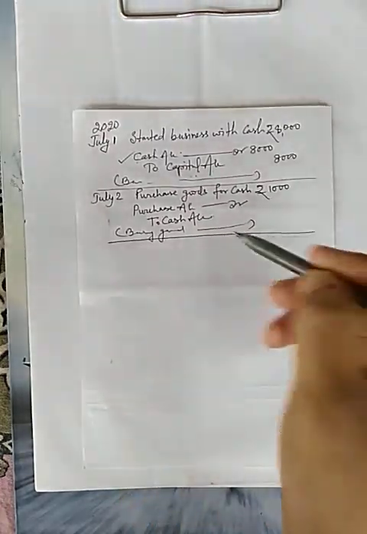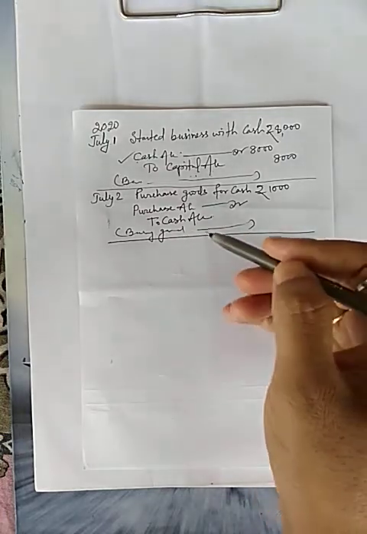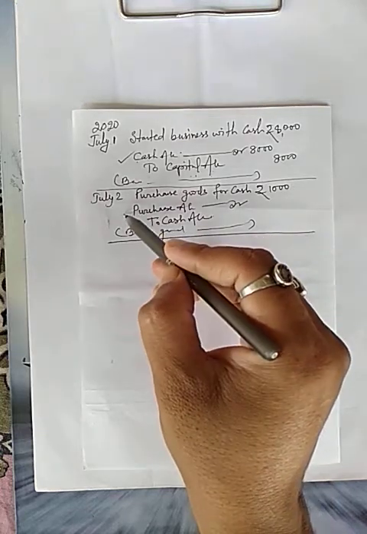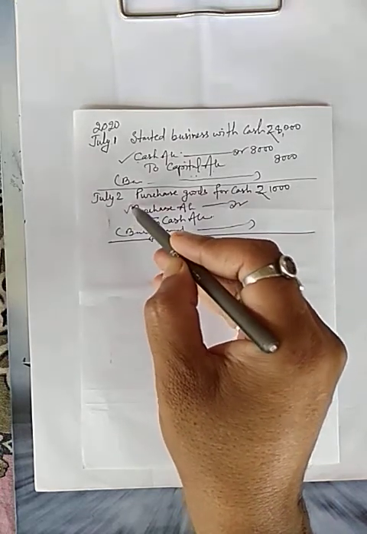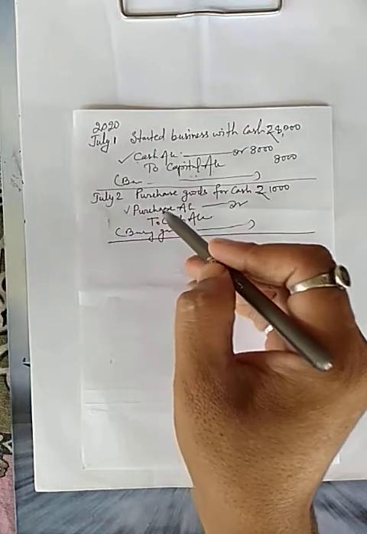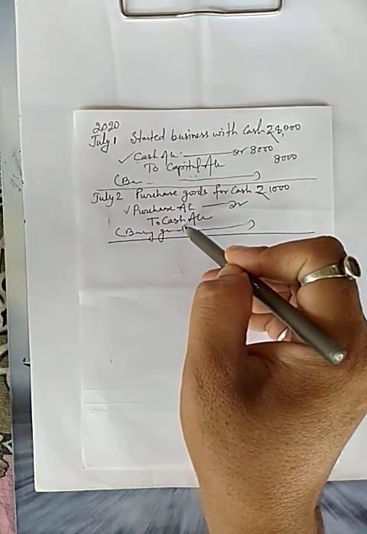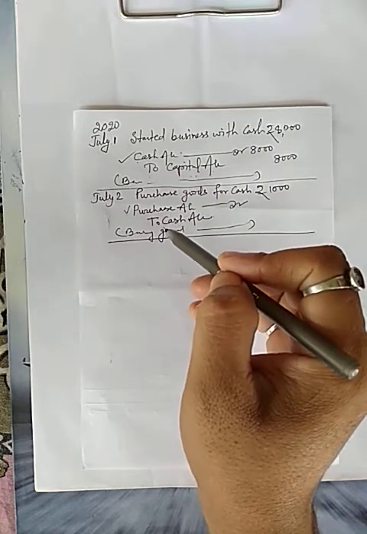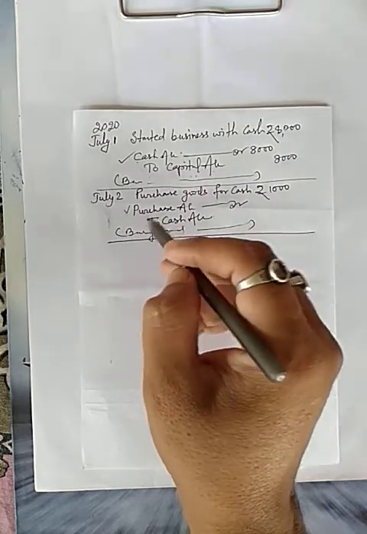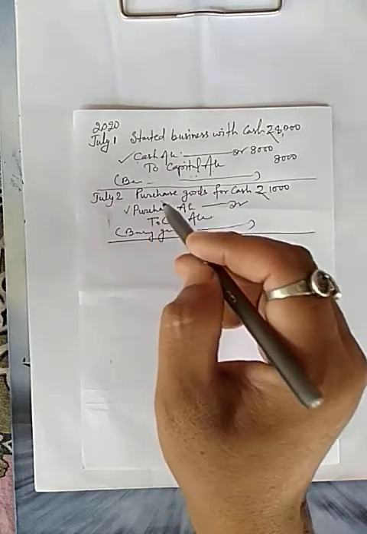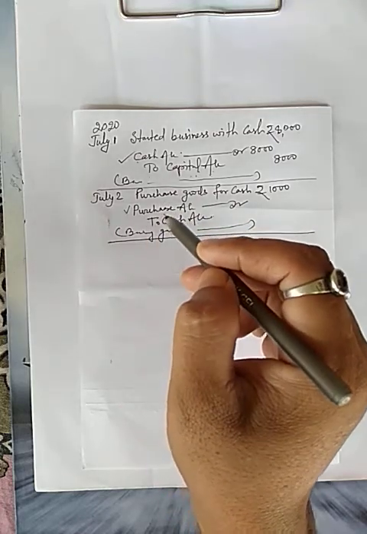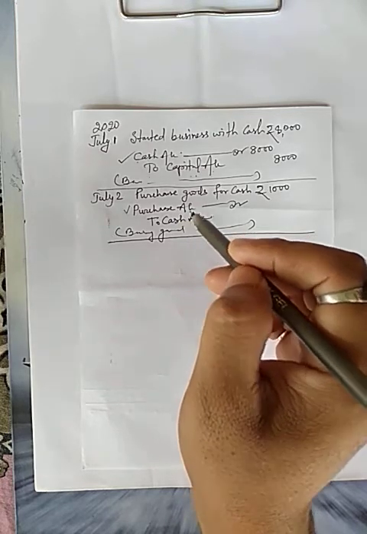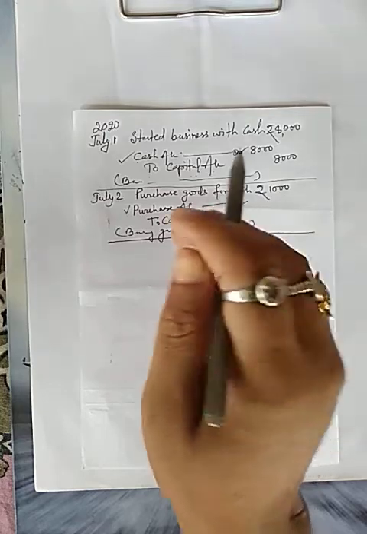Now again I will post in ledger. This journal entry is related to purchase account and cash account also. So we have to open an account for purchase.